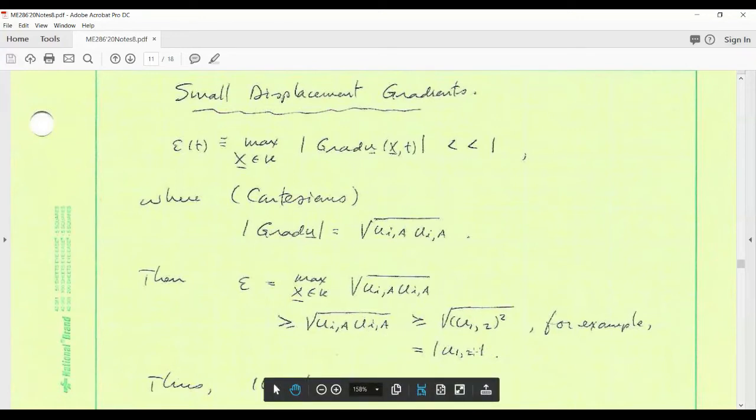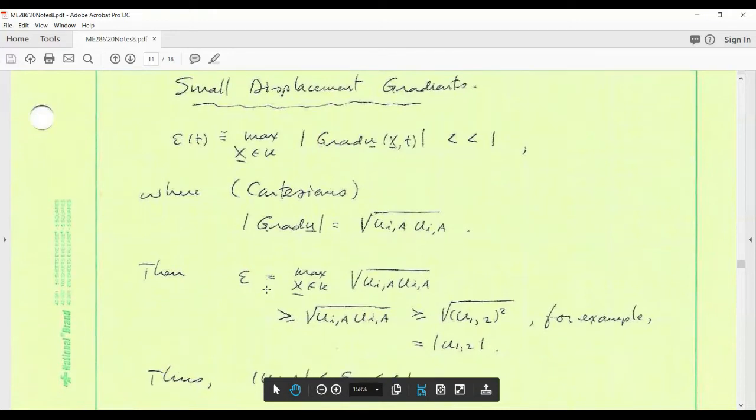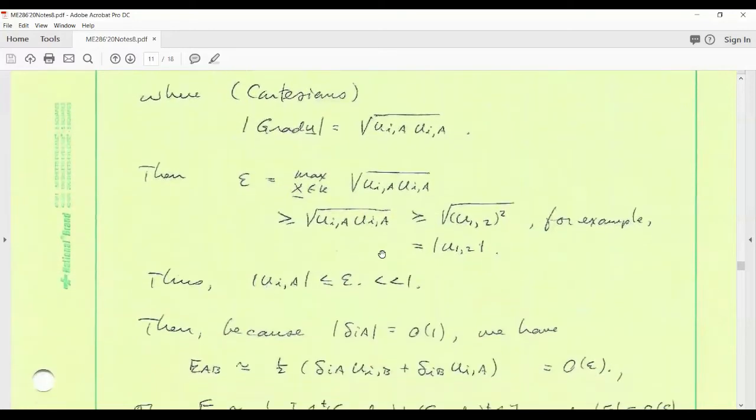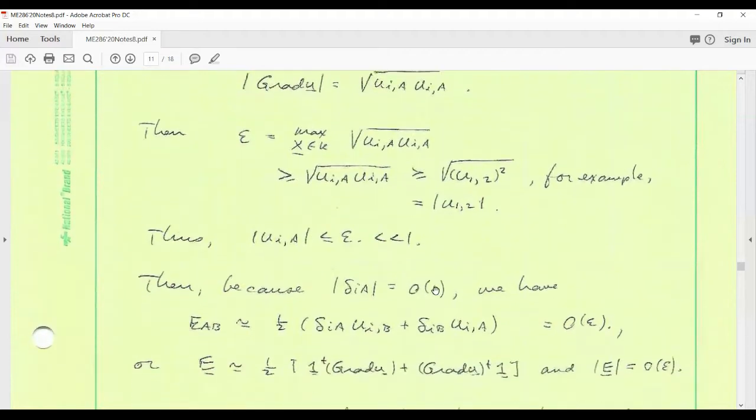And so the magnitude of any one component of the displacement gradient is bounded above by this epsilon, and therefore much less than 1. You can, of course, replace the u 1 comma 2 by any other fixed index i and fixed index a, so that all the displacement gradient components in a Cartesian system would be tiny compared to 1 by assumption.